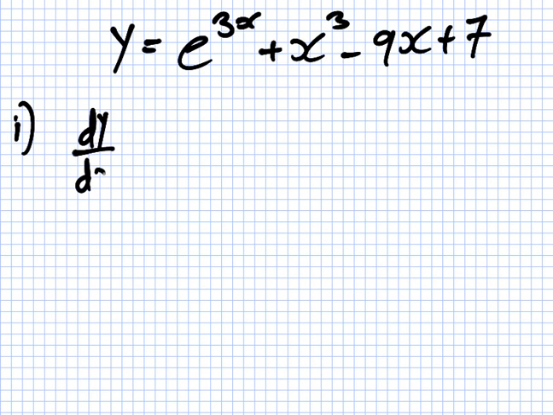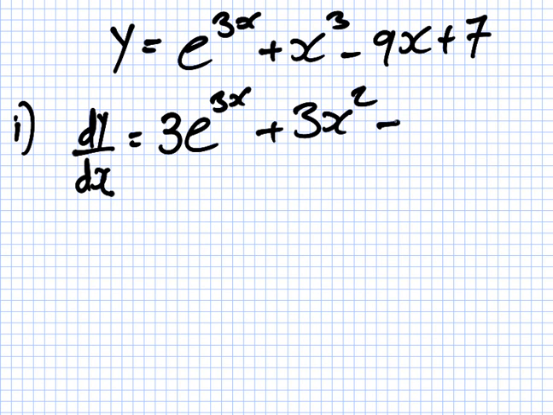Well, that's the derivative. So what's the derivative here? It's 3e^(3x) plus 3x squared minus 9 equal to 0. Okay, so we can divide everything by 3.